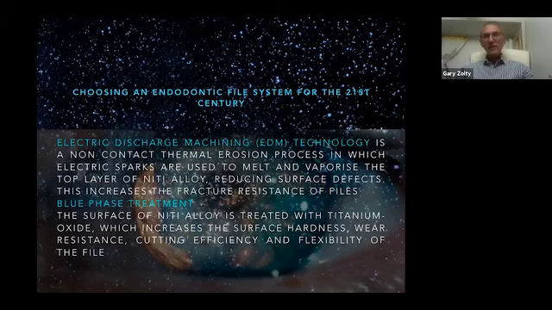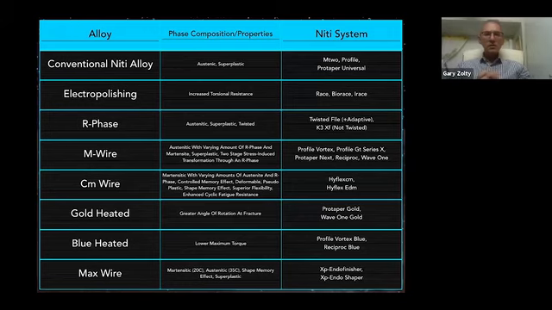So let's now have a look at all the file systems that you're probably using. Conventional NiTi alloy is in the austenitic and superplastic, M2 profile, ProTaper. The ProTaper file has electropolishing, which increases the torsional resistance.